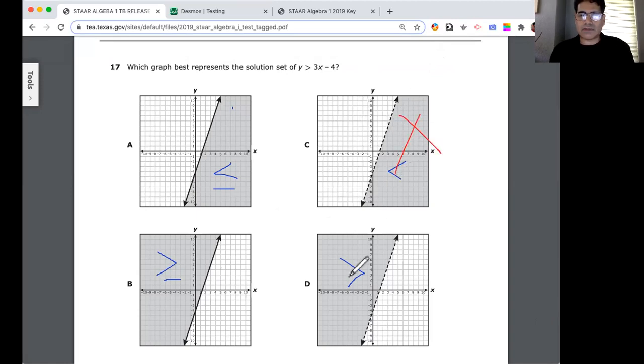So we're dealing with these two, and we said that it does not have an equal to. That would mean that it's got a broken line. So we have an equal, so we'll get rid of that one, and we're left with above the line and solid. And you just have to do your best to remember.